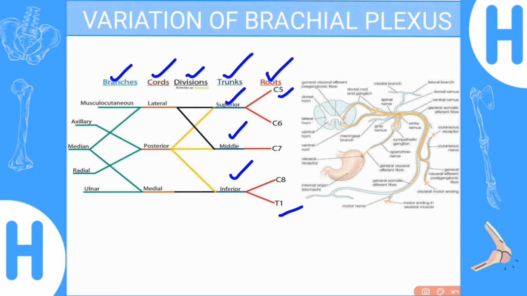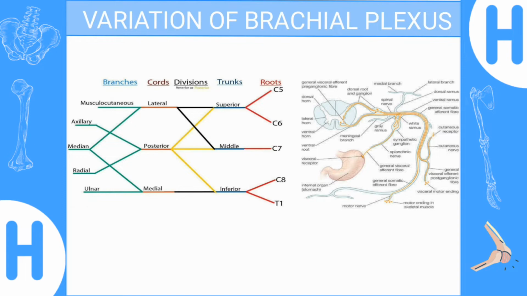Then we have the divisions, the ventral divisions and dorsal divisions. After the divisions we have cords. There are three cords originating from the ventral and dorsal divisions, from the trunks and roots: the lateral cord, posterior cord and medial cord. So here we have the brachial plexus.